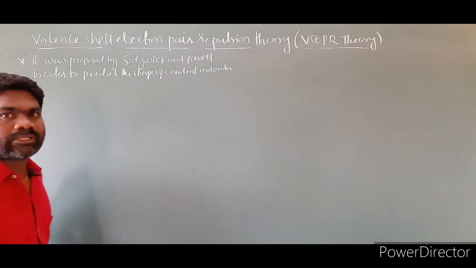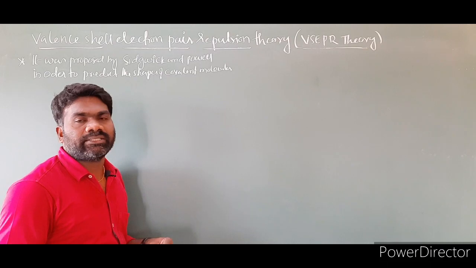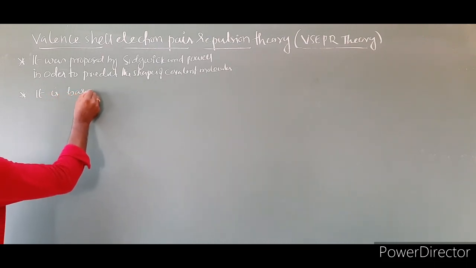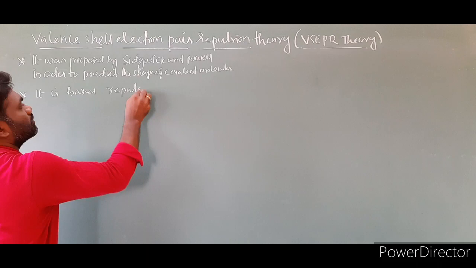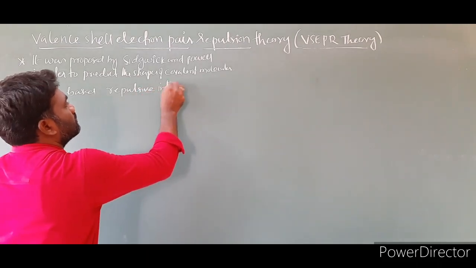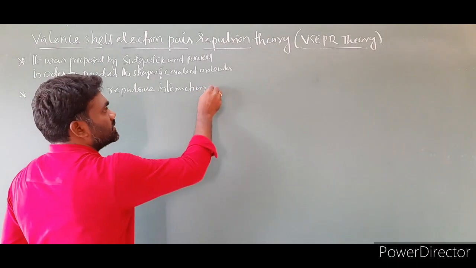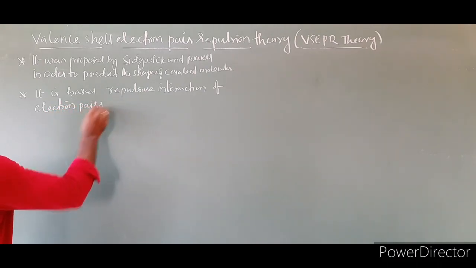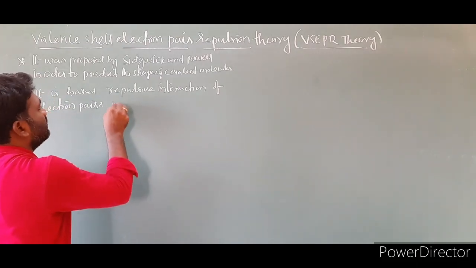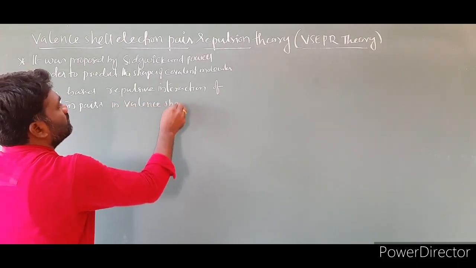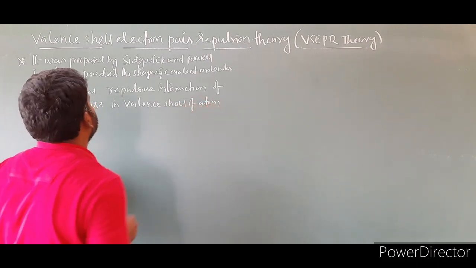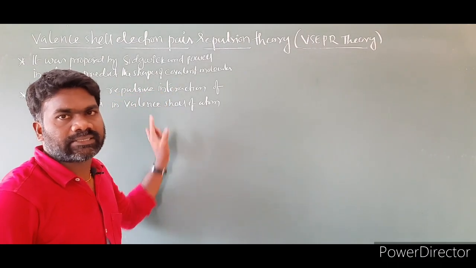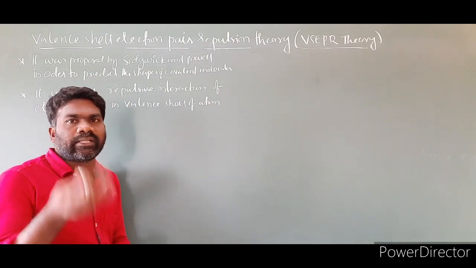This theory is based on the repulsive interactions of electron pairs in the valence shell of an atom. So this is the key point. It means that in the valence shell electron pairs will be there, and those electron pairs will repel each other.